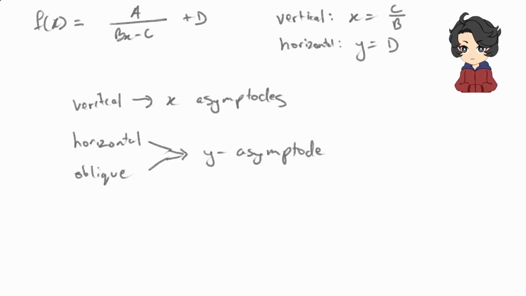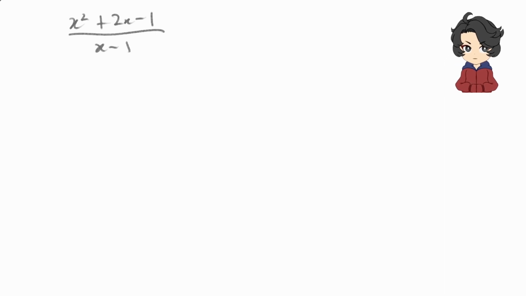So what if the power of the numerator is 1 more than the denominator? For example, let's say we have x squared plus 2x minus 1 divided by x minus 1. How would we attempt to turn this into a proper fraction?